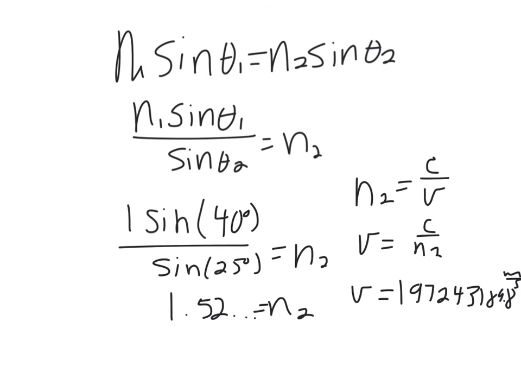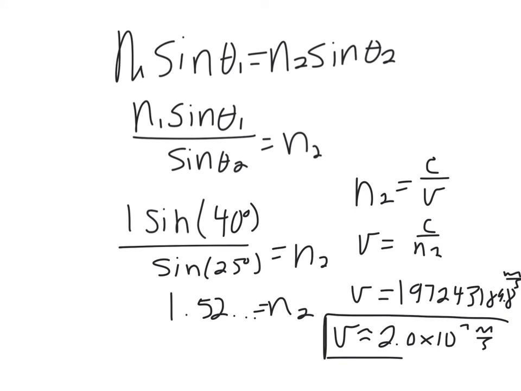And this was 2 sig figs. So the speed is about 2.0 times 10 to the 8th meters per second. And this should be 8, not 7.